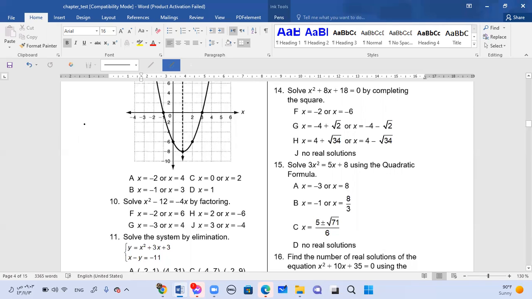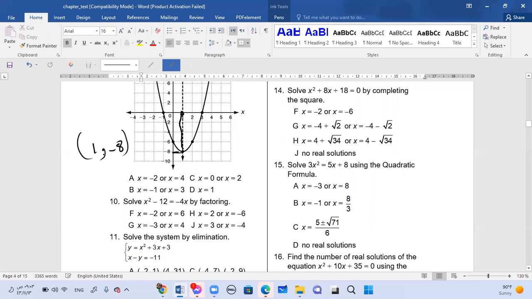I will give you a chance. Each student try to find the vertex of this point. Yes, make a line to intersect with the x, and make a line to intersect with y, negative 8.